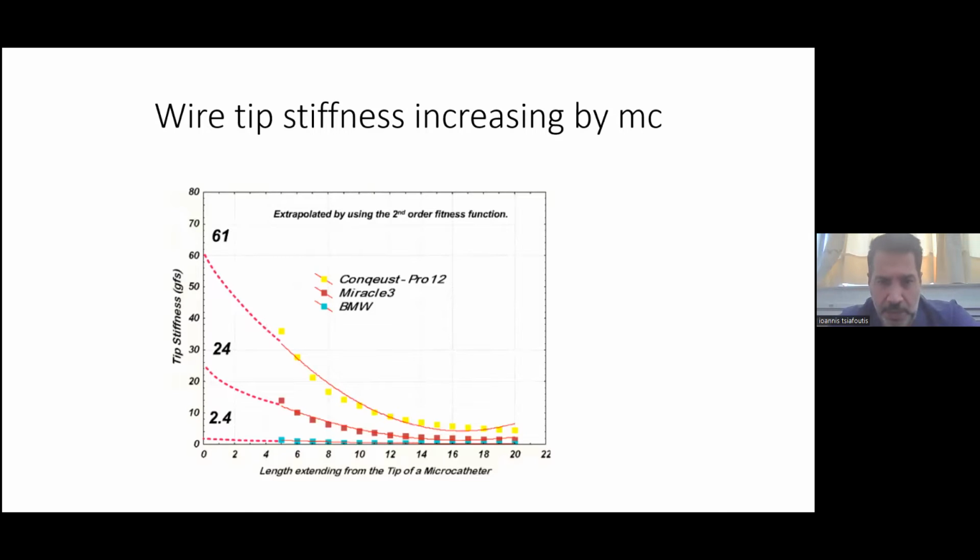In this diagram, we can see how we can increase our wire's stiffness: the less our wires extend from microcatheters, the greater their strength becomes.